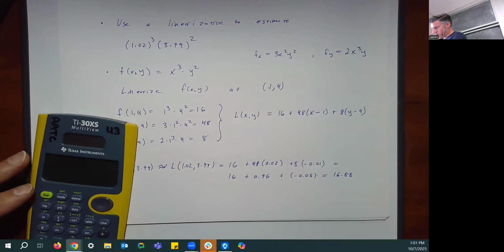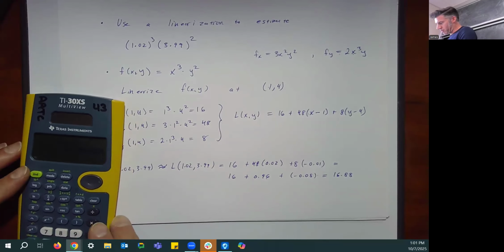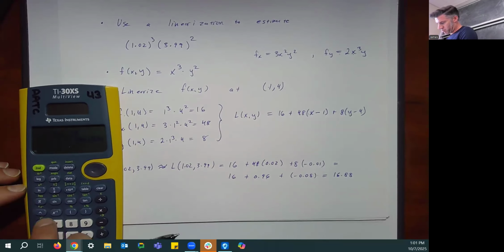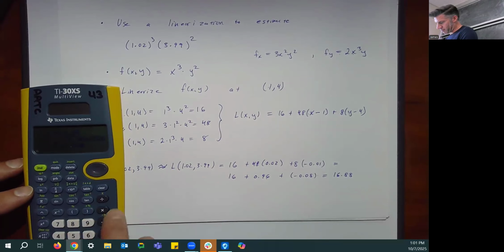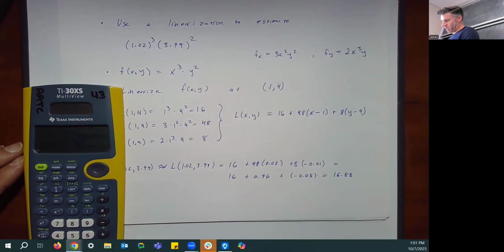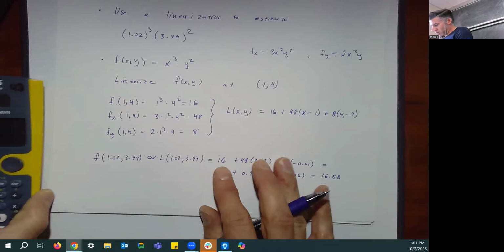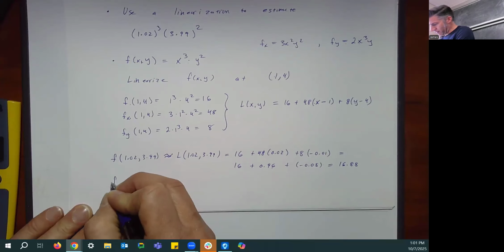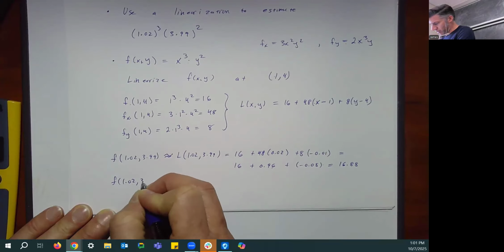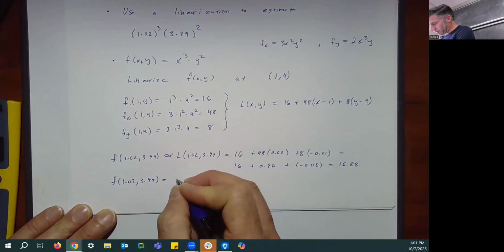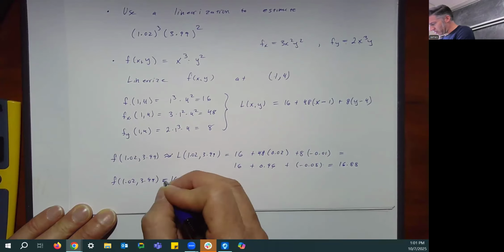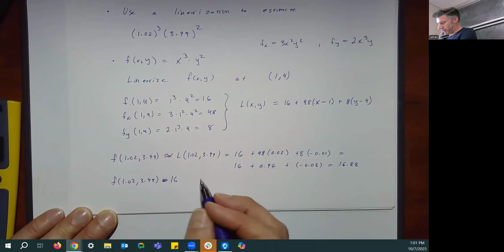Our 1.02 cubed times our 3.99 squared is, let's say it's 16.8945. So f of (1.02, 3.99) is, I know it's not actually equal to, but I'm using the equal sign to differentiate between that there.